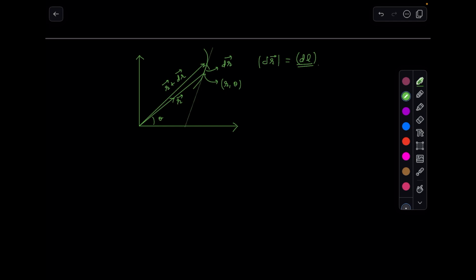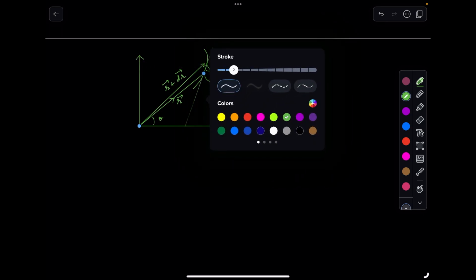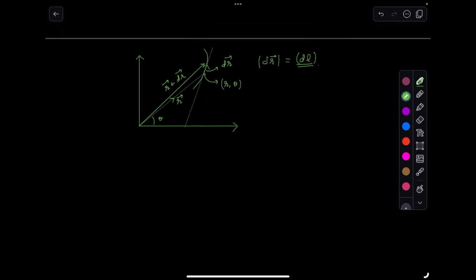We are changing the thickness of this line to make the figure clear. We are taking this angle as beta.